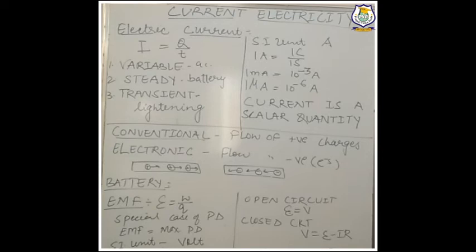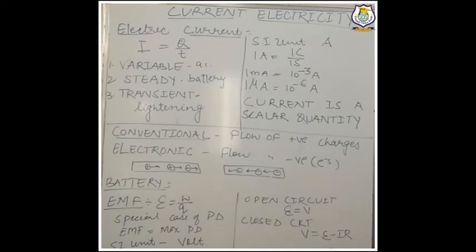So electromotive force means some kind of force which is pushing the charges to flow from one point to another point. Actually it is not a kind of force, but it may be considered so, we can understand it that way, because it is pushing the charges. And it is actually a special case of potential difference. As you can see here, electromotive force, EMF, is equal to the maximum potential difference.